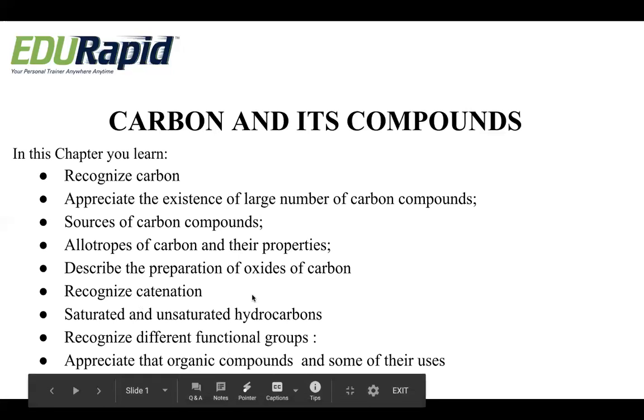Lastly, appreciate that organic compounds and some of their uses.